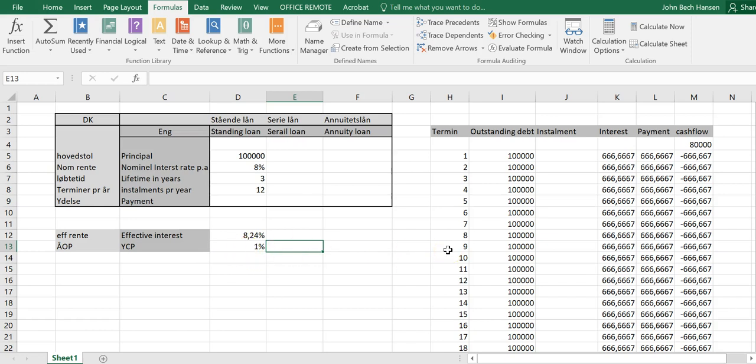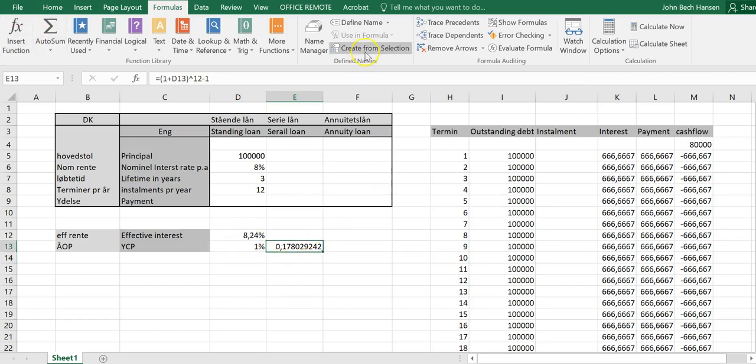So that is, in brackets, 1 plus the percentage in the power of, or in Danish, i potens af, in the power of 12 minus the one we started with here.